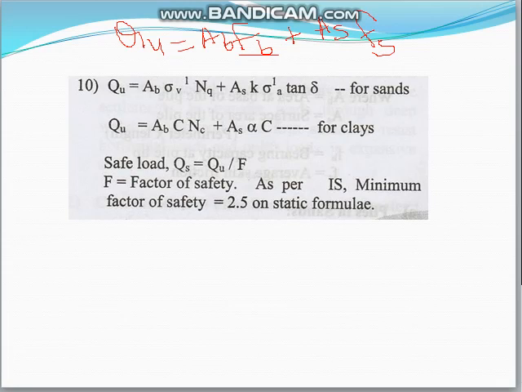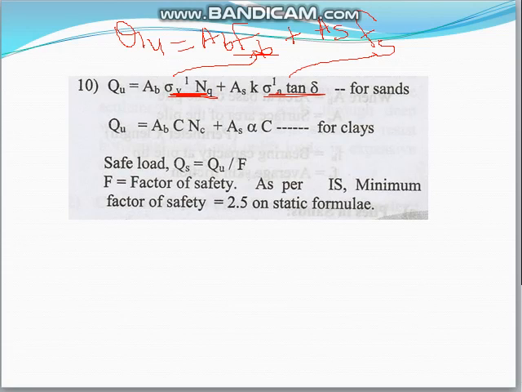Here FB is nothing but sigma V dash into Nq, the vertical stress at the pile tip times the bearing capacity factor. Similarly, the skin resistance Fs will be the average vertical pressure into tan delta, with K. Majorly this adhesion factor is very important.